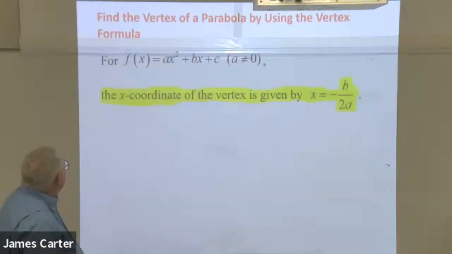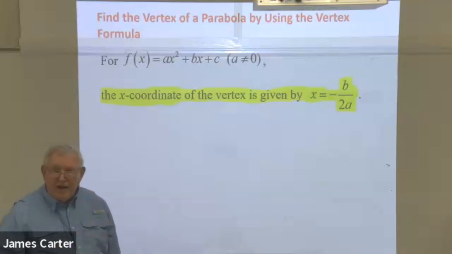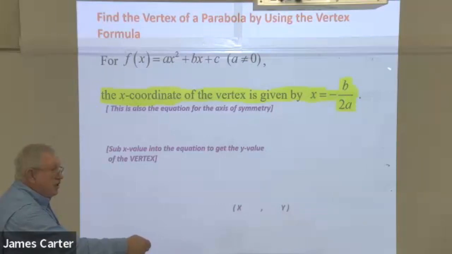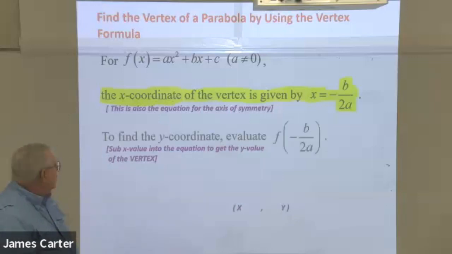Now, here's that formula we've already used. Okay, and I've shown you where that came from. This is also the equation for the axis of symmetry. And then you substitute the x value, whatever answer you get here, into the equation to get the y value. Now, here's the fancy notation to denote that.